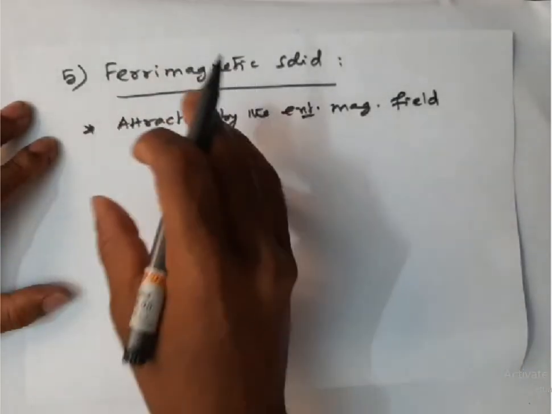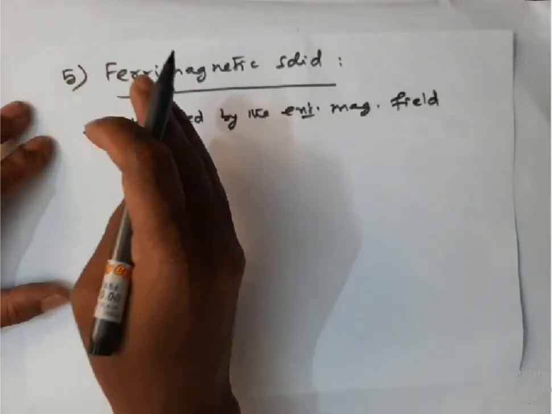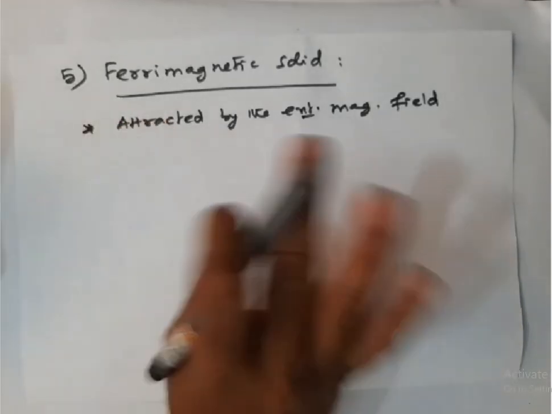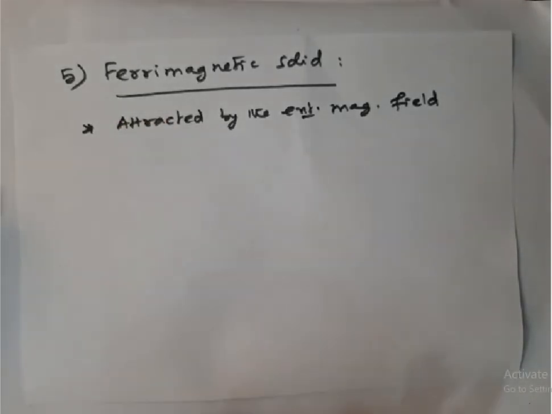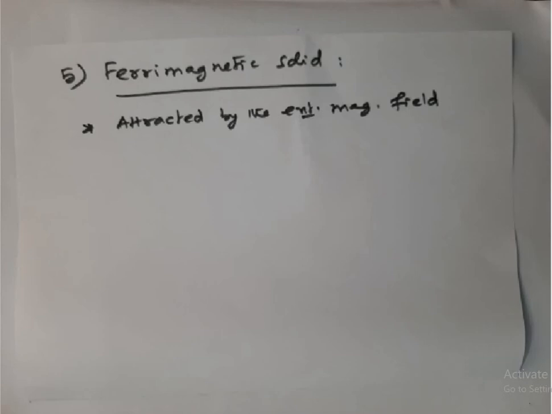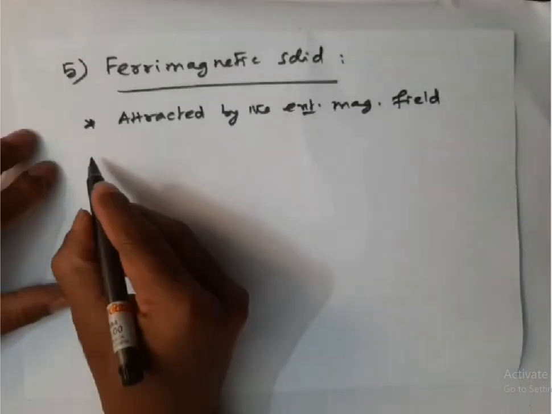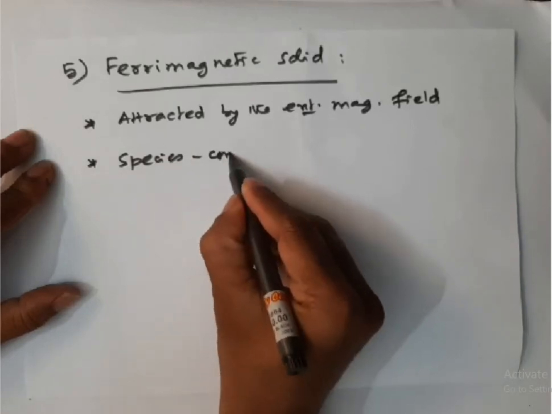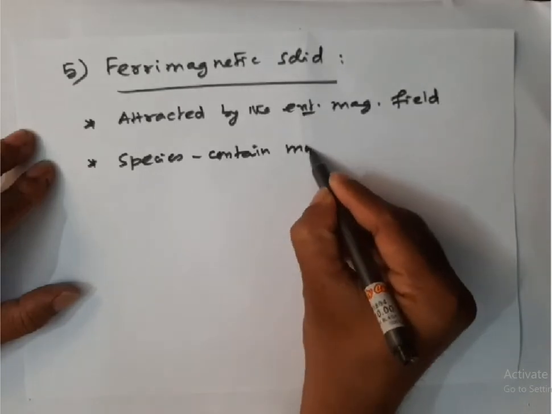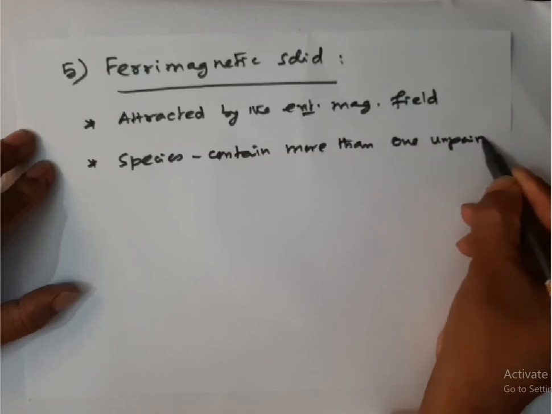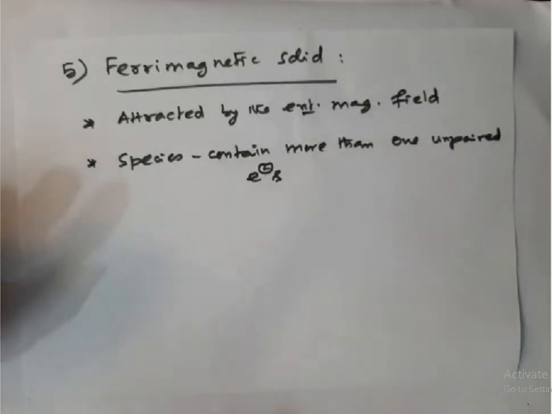Is this attracted strongly or weakly? Compared to paramagnetic, it is somewhat high, but compared to ferromagnetic, the attraction is somewhat less. The attraction is somewhere in between paramagnetic and ferromagnetic. Here, do the species contain unpaired electrons? Yes, the species contain more than one unpaired electron.